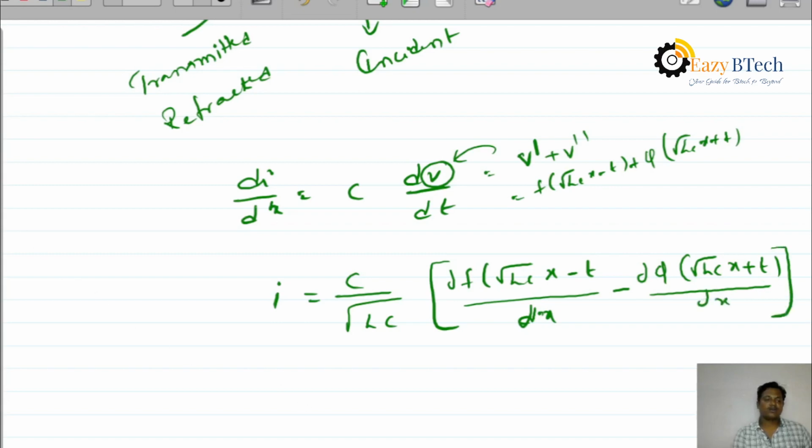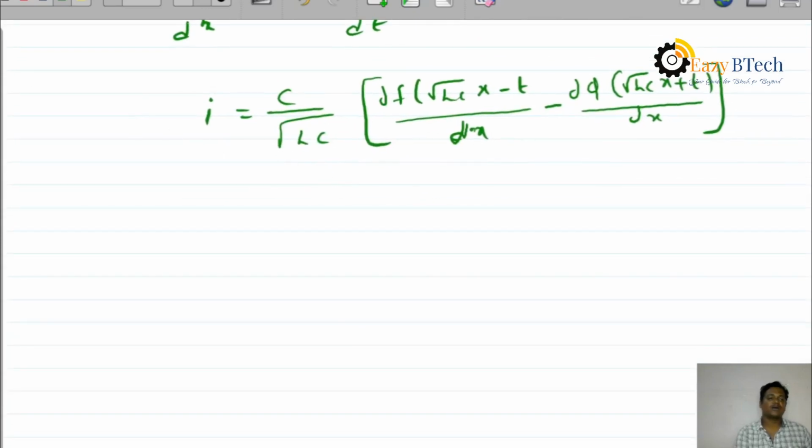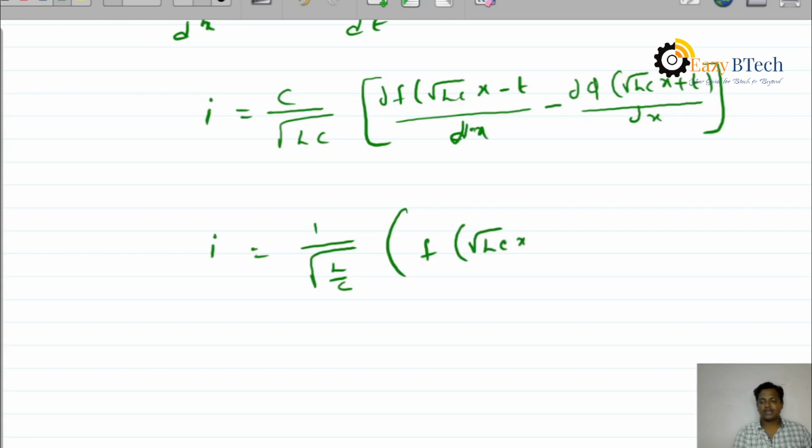Okay, finally the current waveform I equals 1 by root L by C. After differentiation we get f of root LC x minus t minus phi of root LC x plus t. Therefore, what is meant by root L by C?